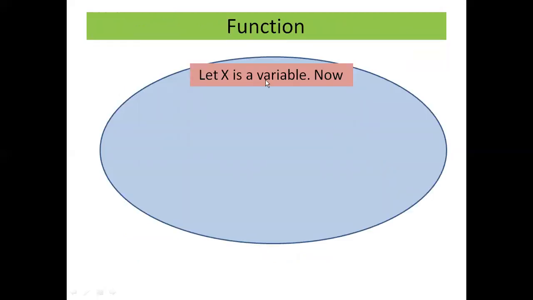The whole analysis is based on some functional form, so let us understand what a function is. Suppose we have a variable x. It may be age, height, BMI, or weight. Now, if we take the square root of each value of x, or we take the logarithm of each value of x, or we reciprocate each value of x, or we multiply by something and add something, by doing this we get new data.